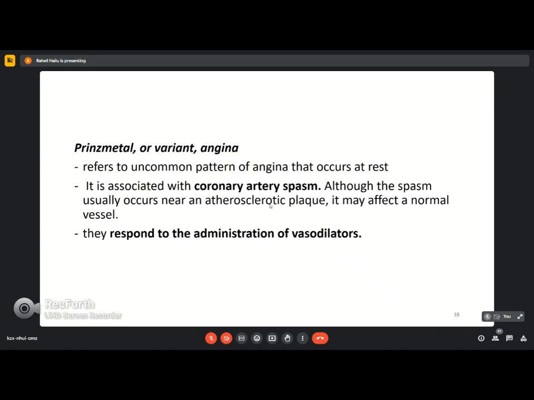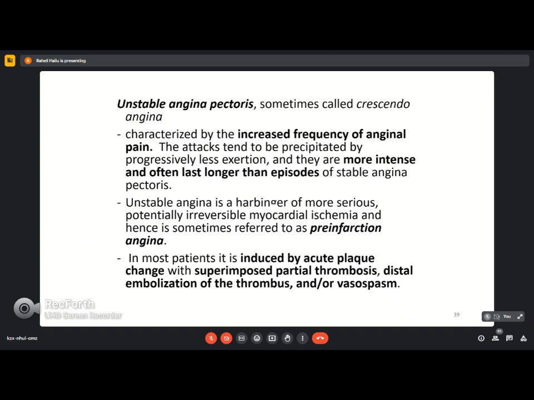Prinzmetal or variant angina lasts slightly longer than the typical angina, and it also responds very well to vasodilators. Unstable angina pectoris is due mostly to the vulnerable plaques that we have seen before, and it's sometimes also called crescendo angina because it is progressively increasing.